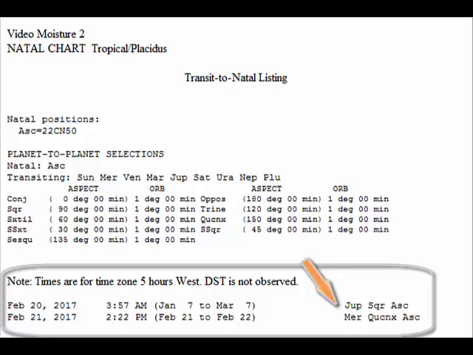Notice that Jupiter squares the ascendant from January 7th to March 7th, which means it is in effect at the beginning of the moisture chart. And then February 21st to February 22nd, we have a short quincunx that Mercury is forming to the ascendant. So we have the trigger aspects that can release the potential within the moisture chart.